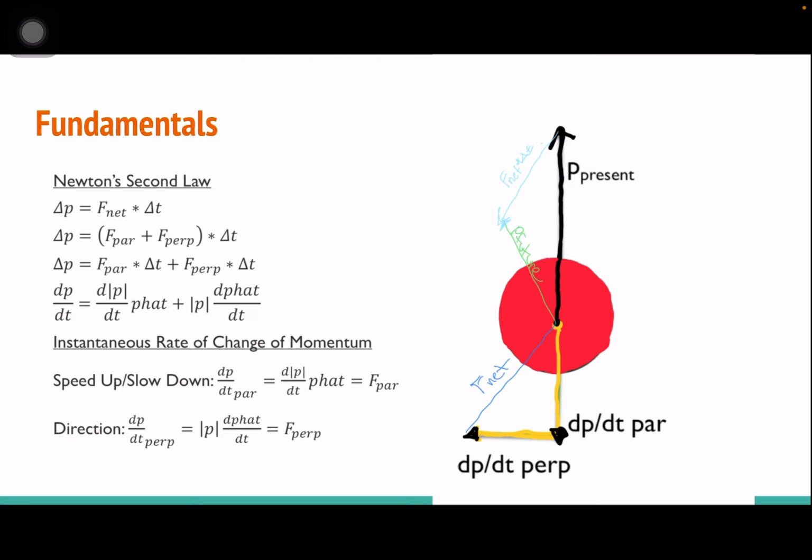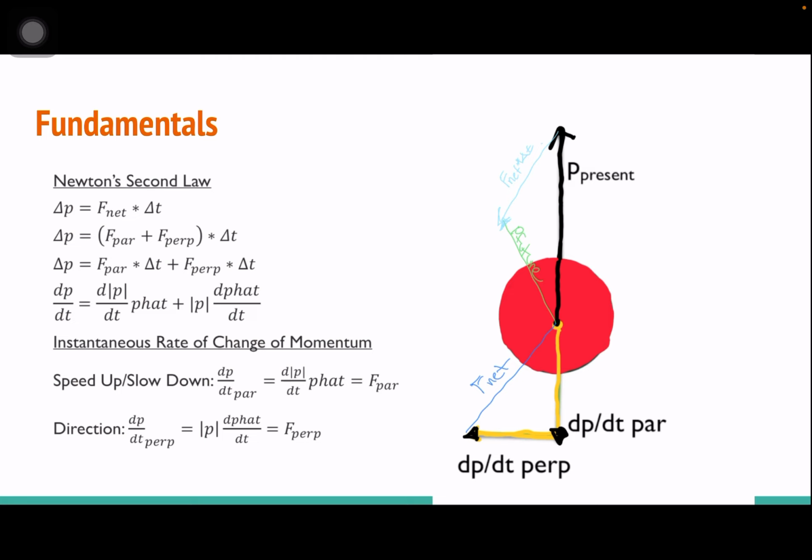So we could get dp/dt, which is p hat times the derivative of F parallel plus F perpendicular times the derivative of p hat over delta t. And to know where it is speeding up and slowing down, that's why we use dp/dt parallel. And for direction, to know where it changes, that's why we use the derivative of perpendicular.